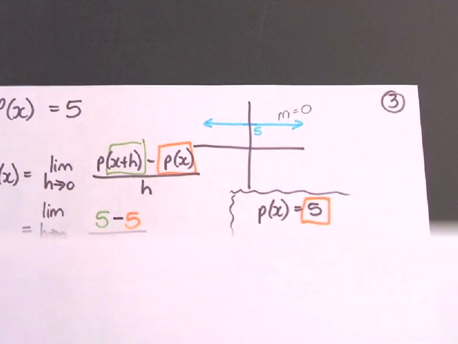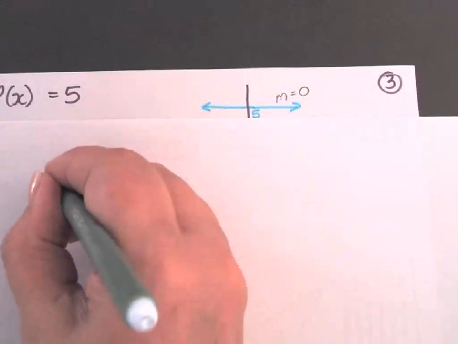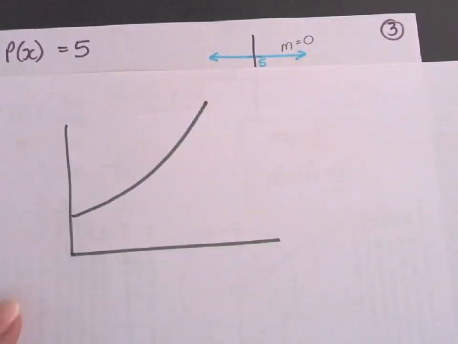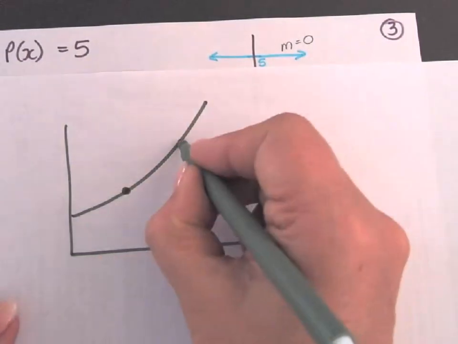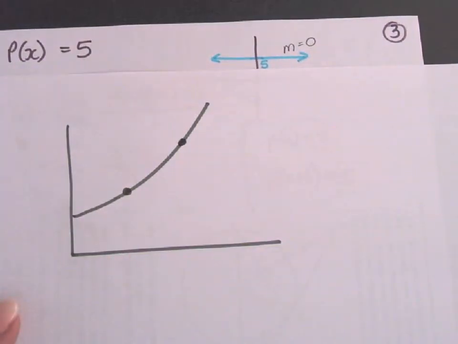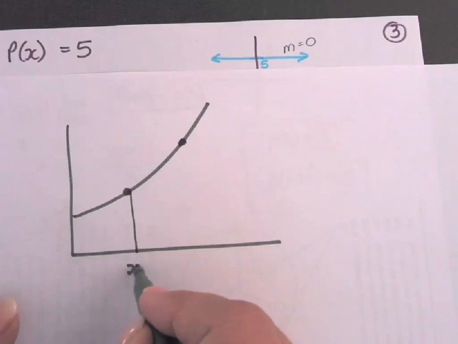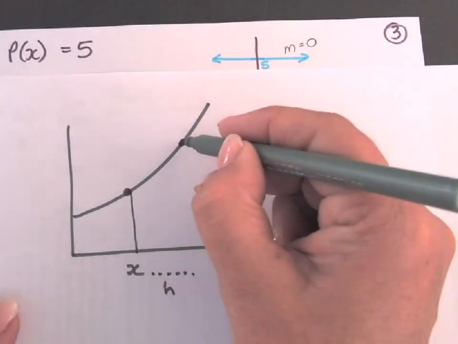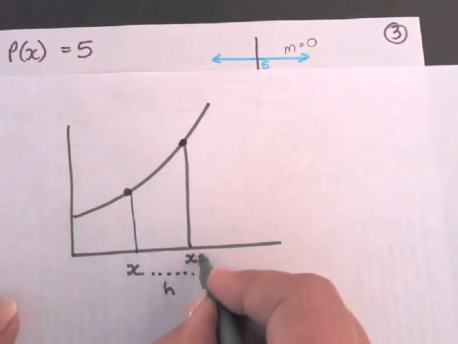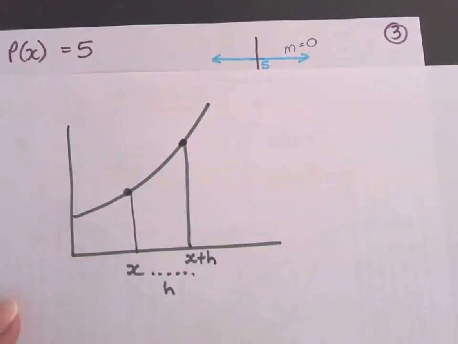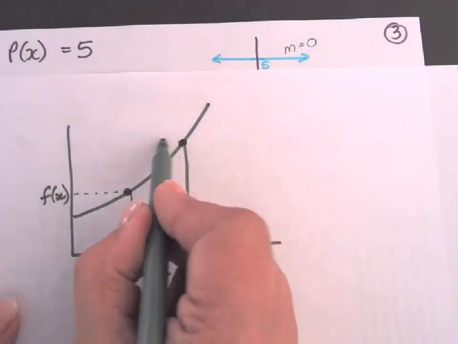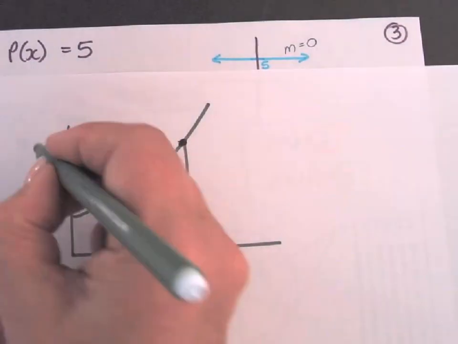What it actually means is, if we have a function like that, and we have to get the gradient between 2 points, we said this one is x, and let's say there's a distance of h, then this point will be x plus h. And this y value will be f of x, and this y value will be f of x plus h.